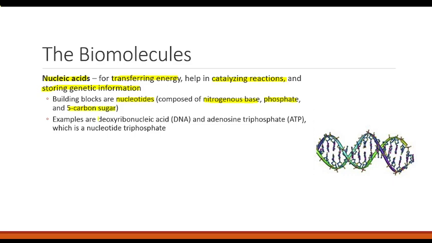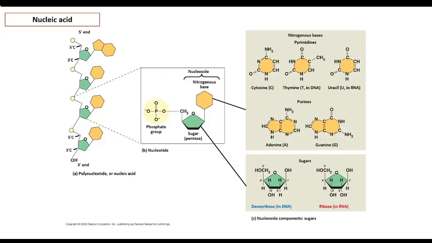Examples are of course DNA, deoxyribonucleic acid, and adenosine triphosphate or ATP, which is very important in energy production. Breaking the bonds between the phosphates in ATP will yield a lot of energy, and that's what drives many cellular activities.